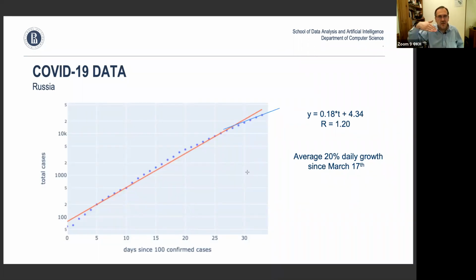You notice that the slope of the line is less, which means this R within the last week is less, right? So in fact, I think for today or yesterday, it's 1.17, right? So it is either 16 or 17% growth a day versus 20, which is good news because eventually we want to get to 0 growth a day. So 17 is better than 20. Then the question would be how quickly it will be slowing down, right?